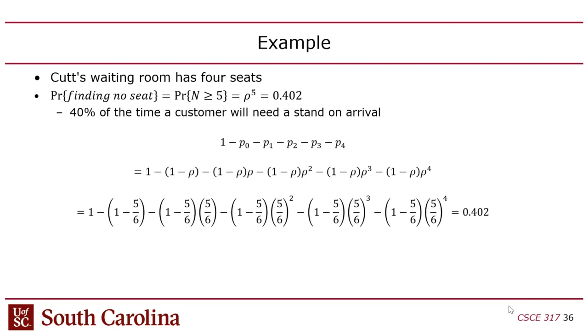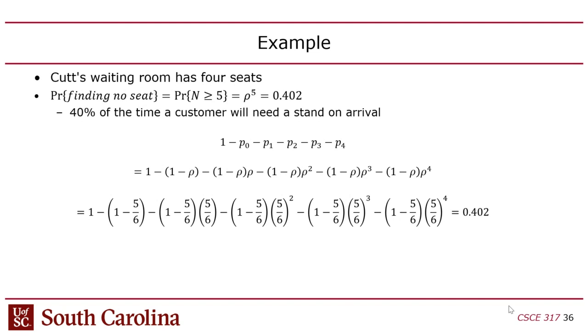Now, if you're in 5, P sub 5 would be 1 customer getting the haircut and all 4 seats taken. So 1 minus the probability of 0 minus the probability of 1 minus the probability of 2 minus the probability of 3 minus the probability of 4. If you work that out, you get the same answer, which is 40.2%.